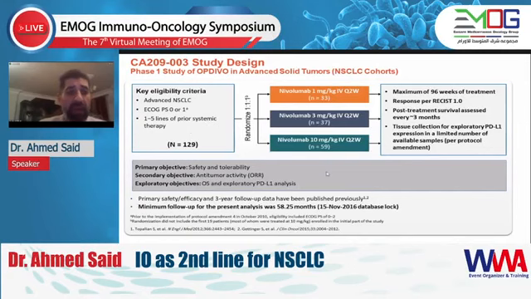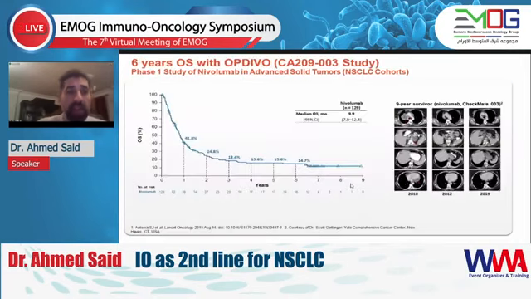The primary endpoint was safety and tolerability, with anti-tumor activity as a secondary objective, and exploratory objectives of overall survival and PD-L1 analysis. We can see here a 6-year overall survival with nivolumab in this trial, with a median overall survival of 9.9 months. And you see here the CTs of 9-year survival of nivolumab in the CheckMate 003 trial.